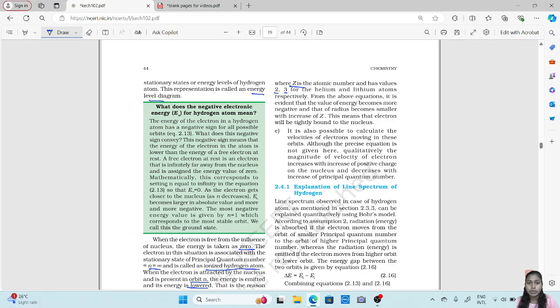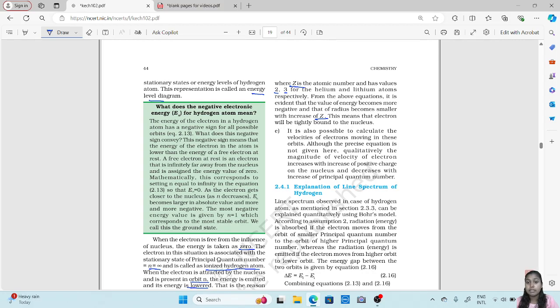So from the above equation, it is evident that the value of energy becomes more negative and that of the radius becomes smaller with increase of atomic number.